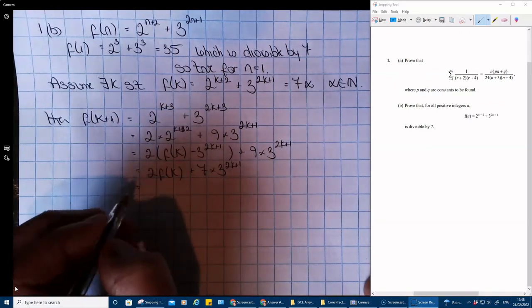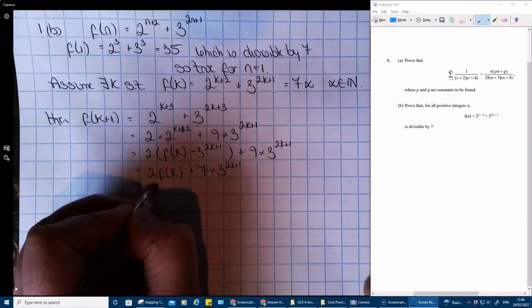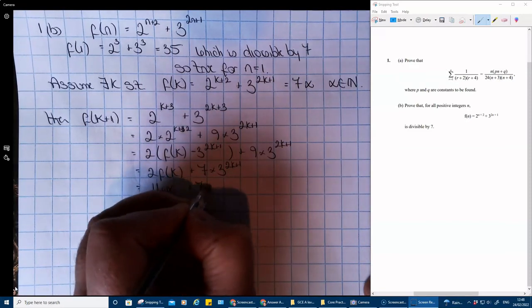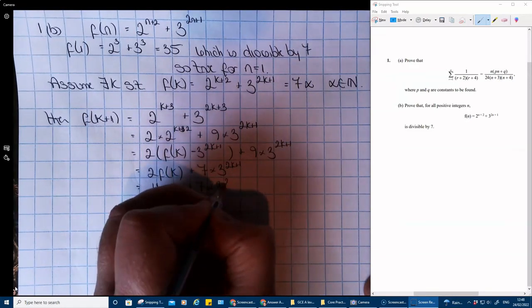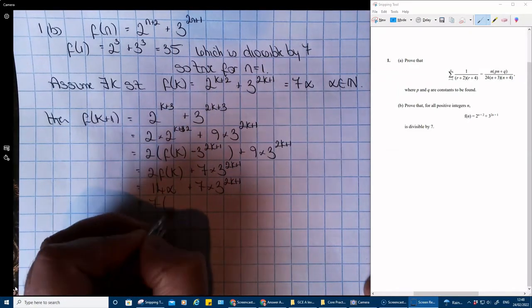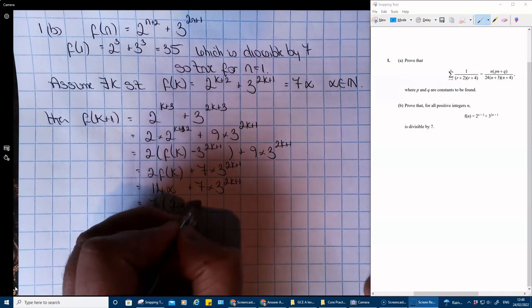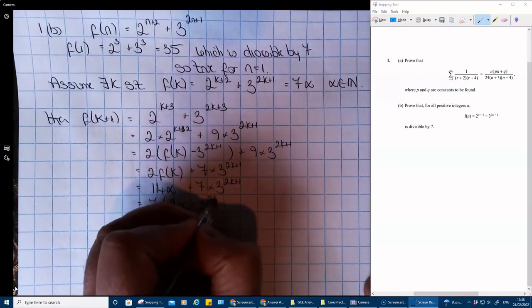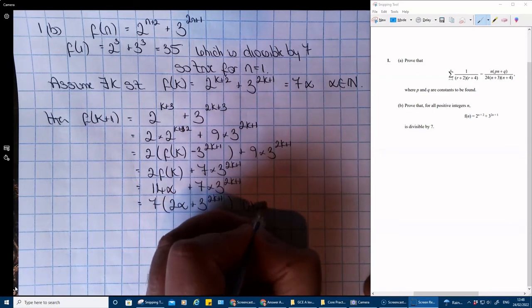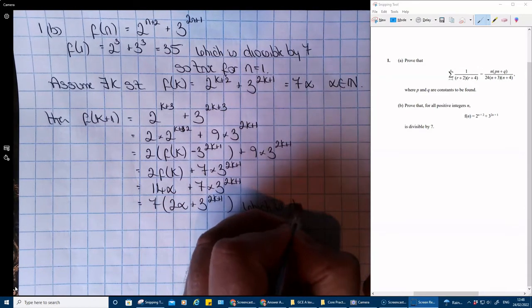Replace f of k with 7 alpha, we get 14 alpha plus 7 times 3 to the 2k plus 1. And to be thorough, take the factor of 7 out, which is divisible by 7.